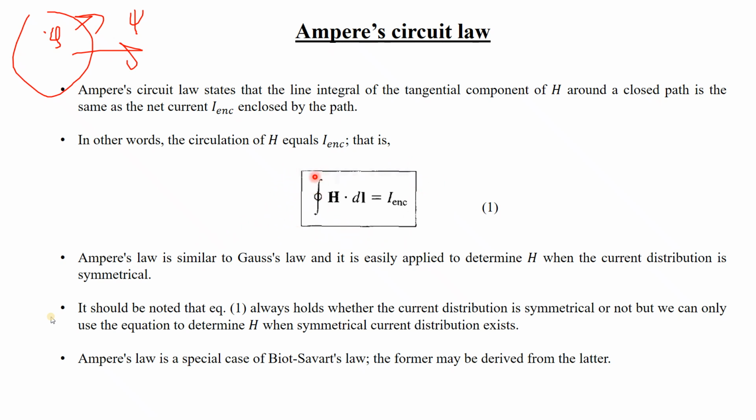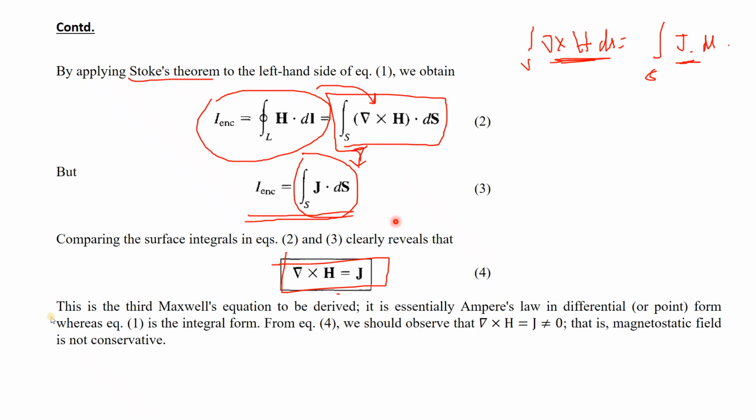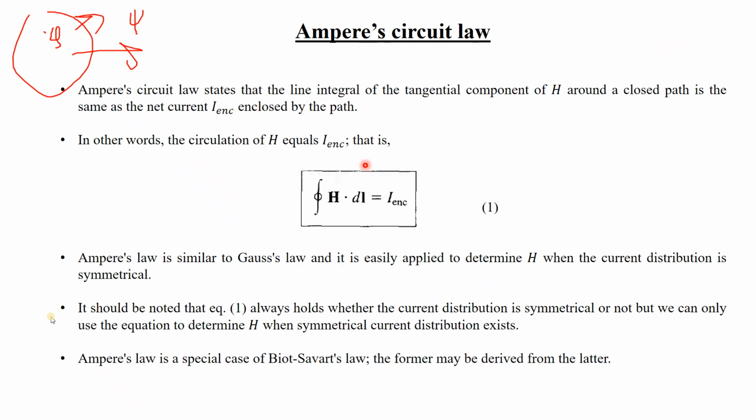To find the differential form, you have to eliminate this integration, not by taking the derivative. We have already seen this kind of transformation in the previous two Maxwell's equations, where we don't find the derivative of the equation to remove the integration.